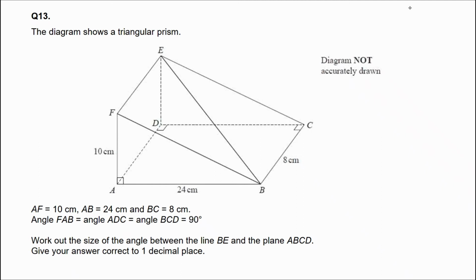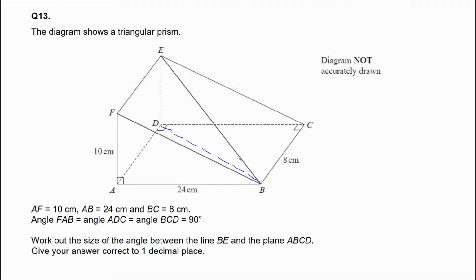In this question, we are given a diagram, which is a triangular prism, and we are required to find out the size of the angle between line BE and the plane ABCD. So I'm just going to add a line here to kind of show you what you're dealing with.